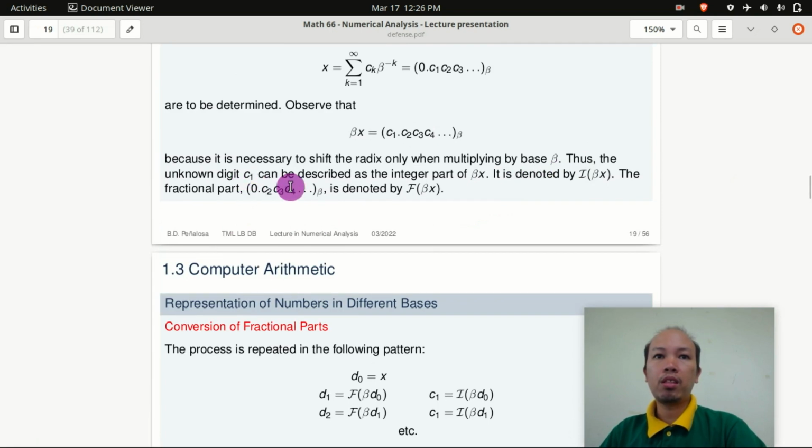Thus the unknown digit C1 can be described as the integer part of beta x. After multiplying by beta, your C1 is the integer part, and C2, C3, C4 is the fractional part, which is denoted by this symbol.